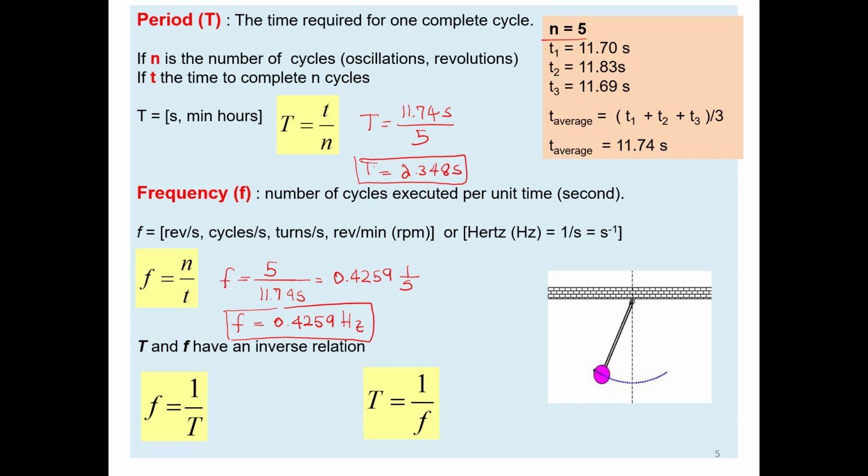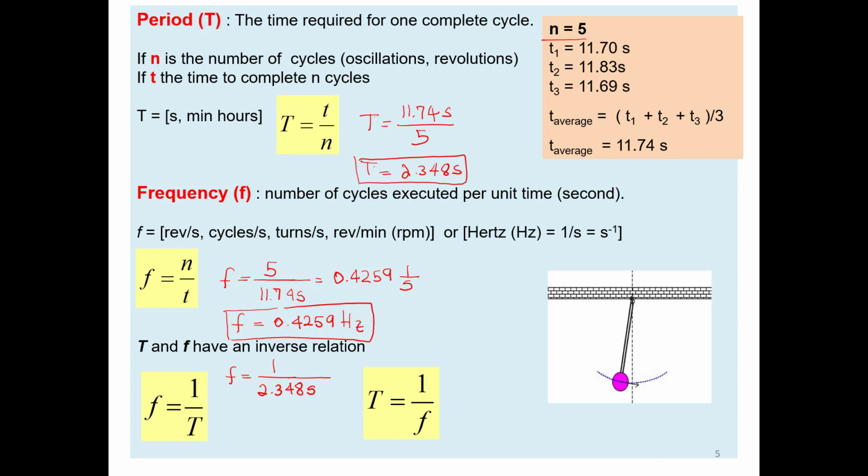Let's try it for frequency. If we know the period, then we can calculate the frequency as 1/period, but the period is 2.348 seconds.